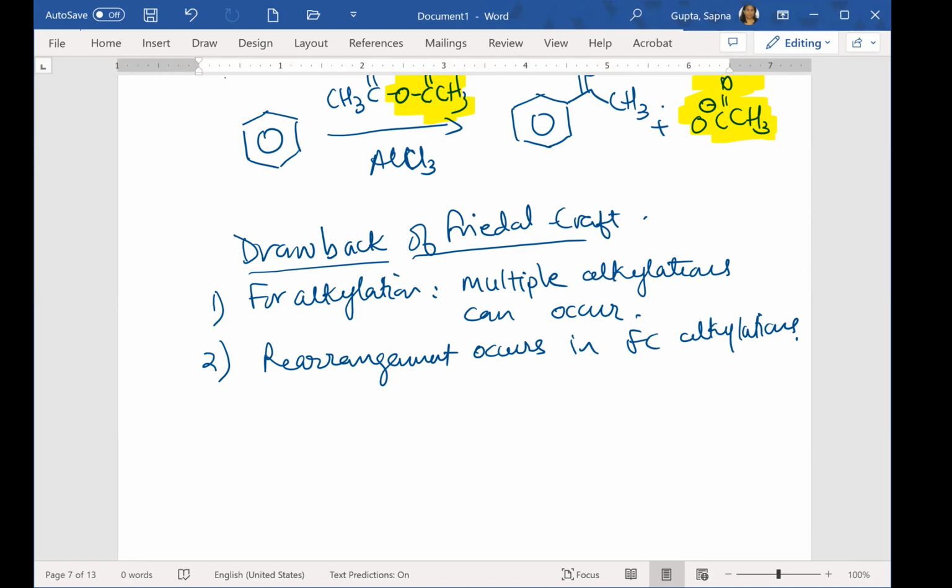If you're not forming a more stable carbocation, then you don't have to do rearrangements. So don't give me primary carbocations, but if it's a secondary, it's fine. But if the secondary can go to a tertiary, form the tertiary carbocation and then do the reaction. So you always have to pay a little bit of attention for alkylation.